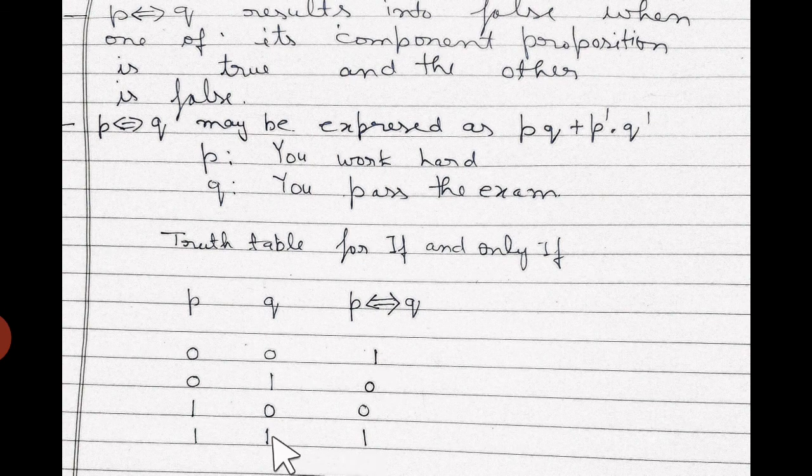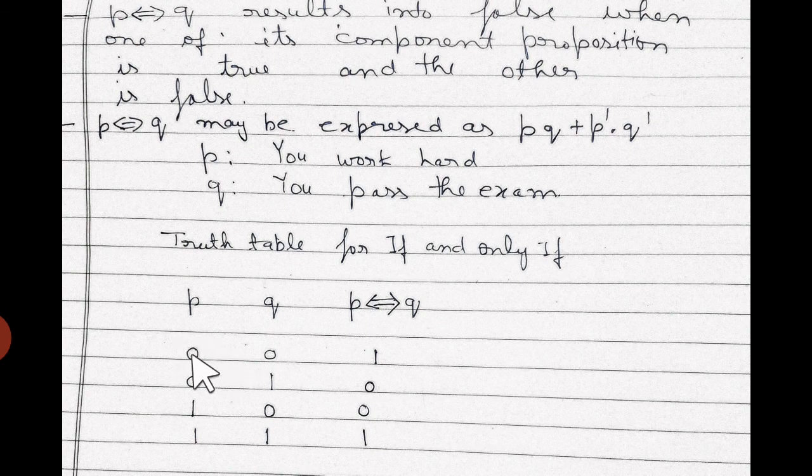That means wherever the input combination has the same truth values, as in the first row and the last row, the output is 1, and wherever the input truth values are different, the output is 0.